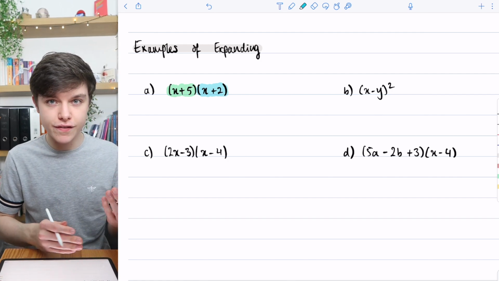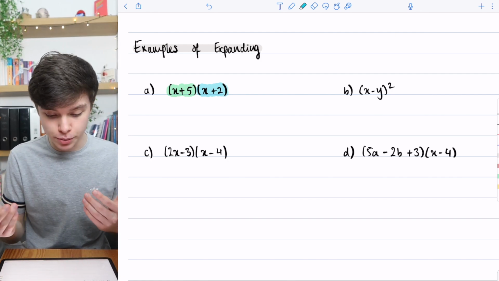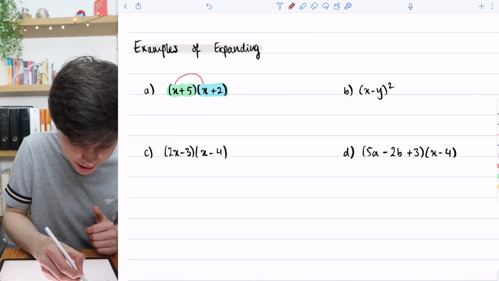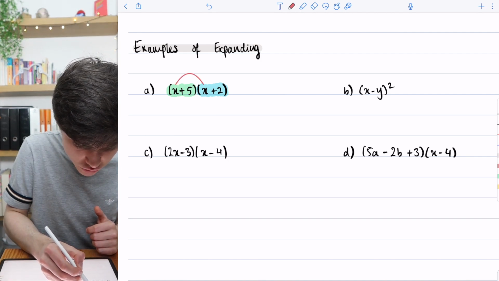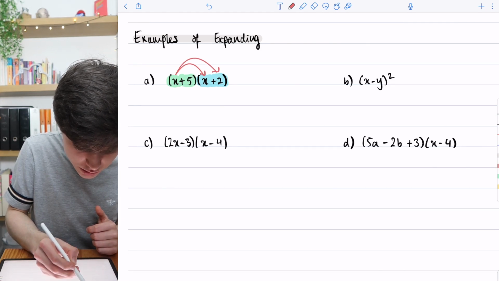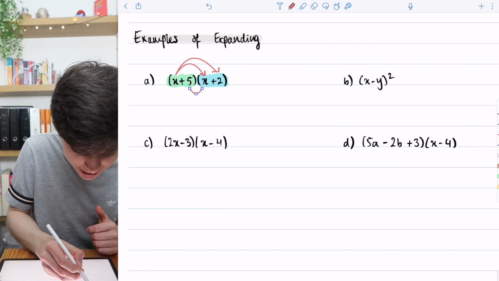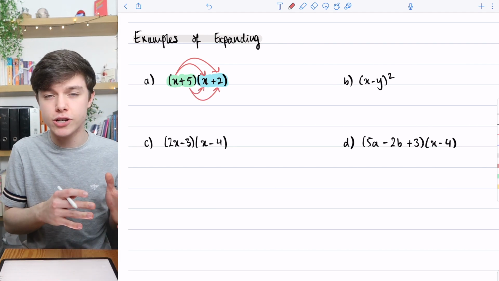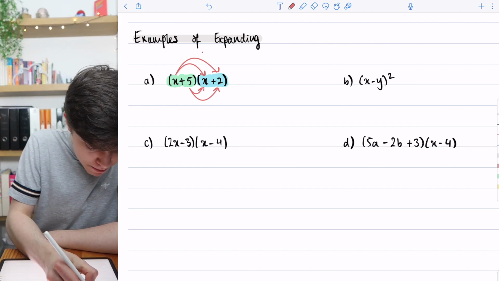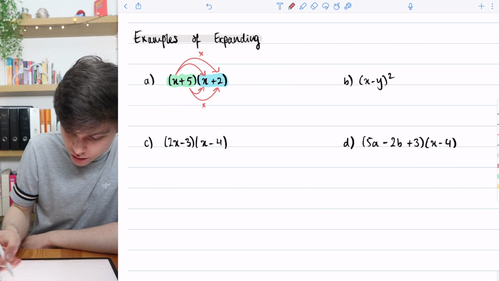So the green is the first, the second is the blue. Now you might have remembered, maybe from GCSE, if I introduce these arrows, what we do is we multiply along these arrows in order to multiply everything in the first bracket by everything in the second bracket. So we multiply along those arrows.